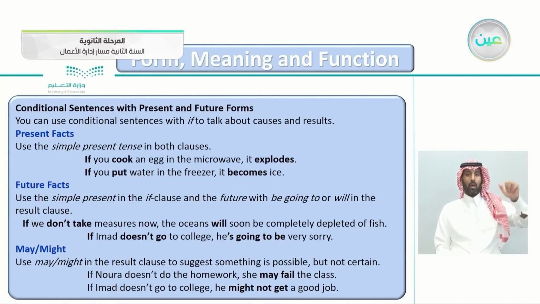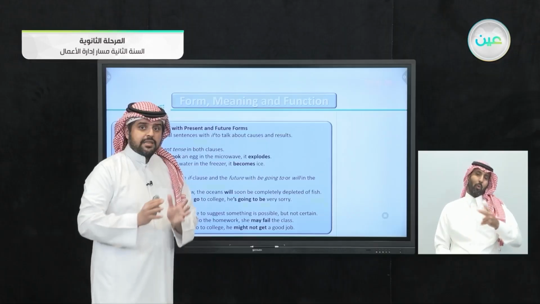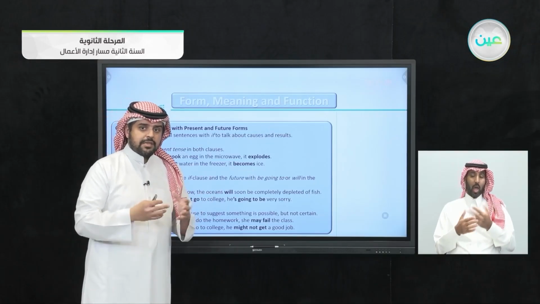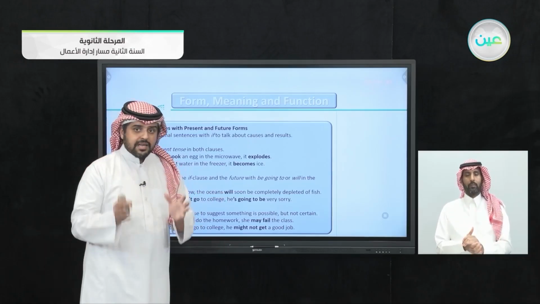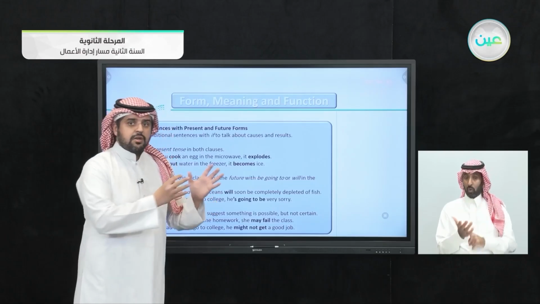We use may and might in the result clause to suggest something is possible but not certain. So we use may or might in the result clause, not the if clause, just to show that something might happen. If we are certain, we use will.